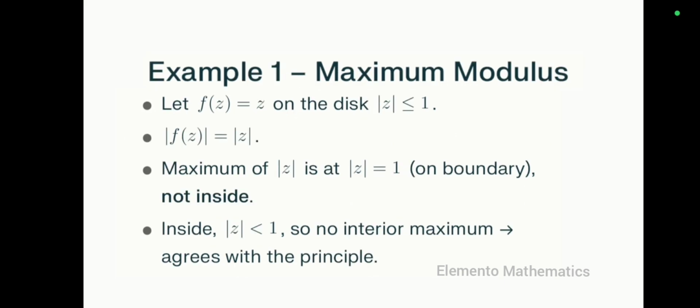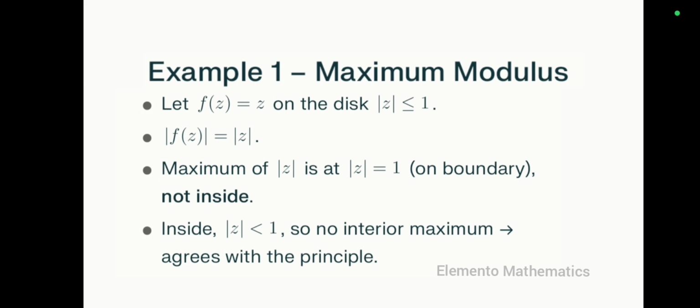Example number 1 is related to the maximum modulus. Let's take a simple example. Let the function be f(z) = z on the unit disc, |z| ≤ 1. Then the modulus of the function is equal to the modulus of z.